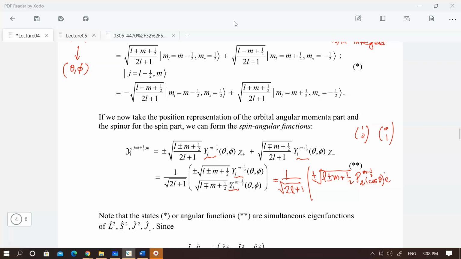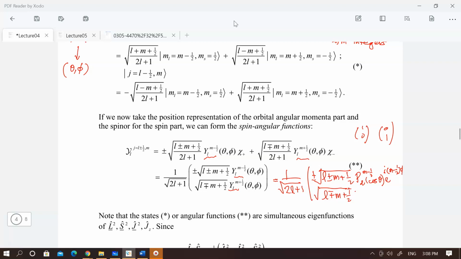So here it will straightforwardly equal exponential i, m minus a half, times phi. And similarly down here, let me write everything down in full.